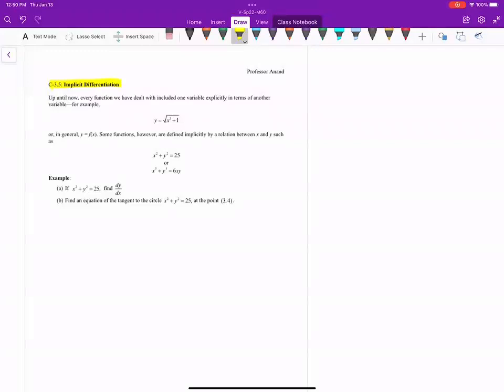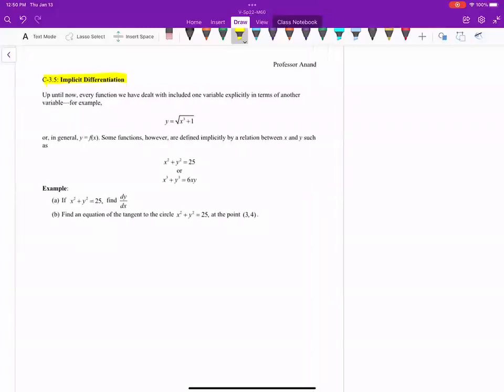So in this case, we are going to see how an implicit function can be differentiated. What is the difference between an implicit function and an explicit function? Up until now, every function we have dealt with included one variable explicitly in terms of another variable.